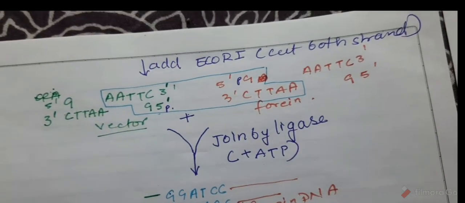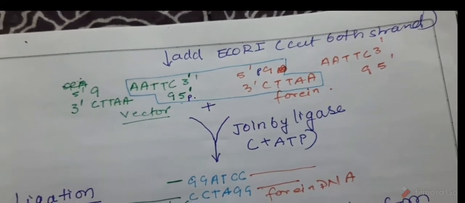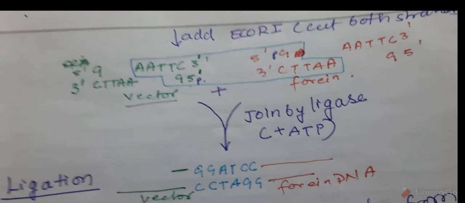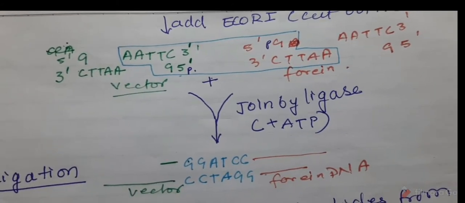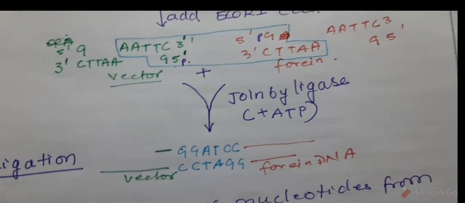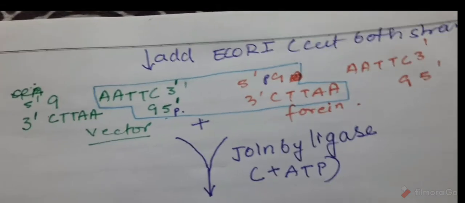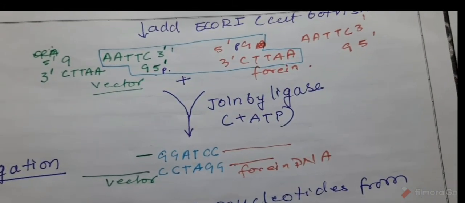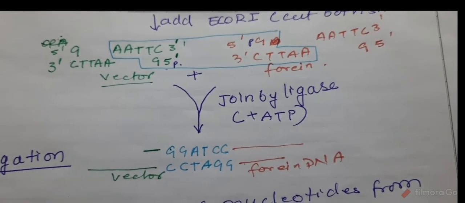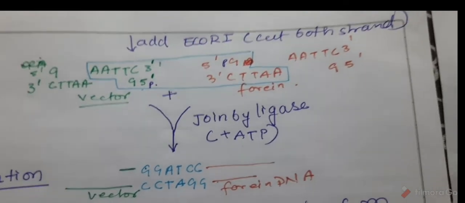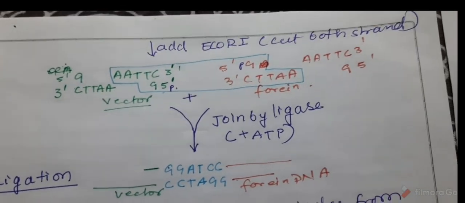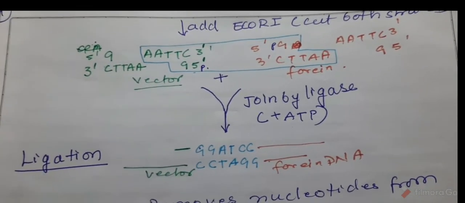In the test tube, we want to join the DNA, so we use ligase, which utilizes ATP as an energy source. When you ligate, the cohesive ends join and produce this chimeric DNA. So ligase helps in ligating two pieces of DNA which are cut with the same enzyme.